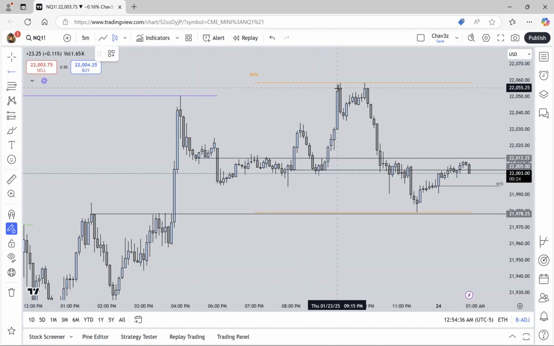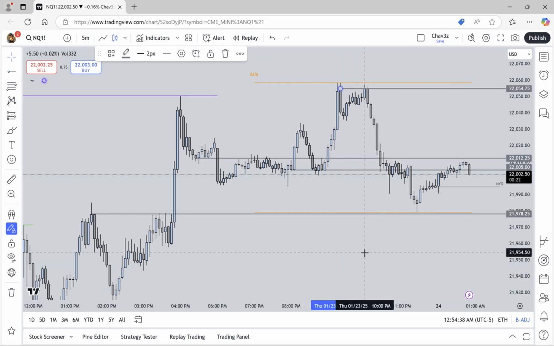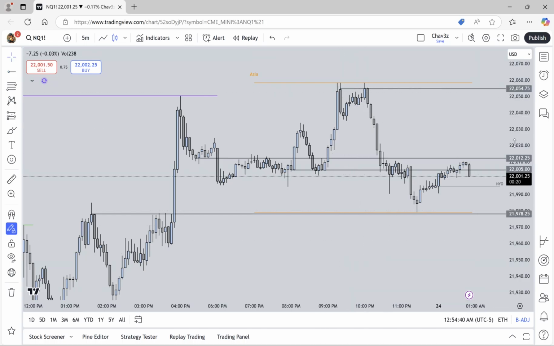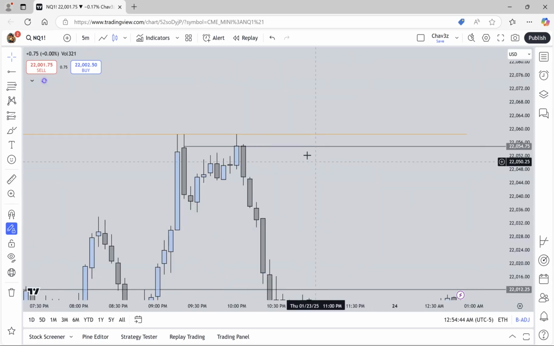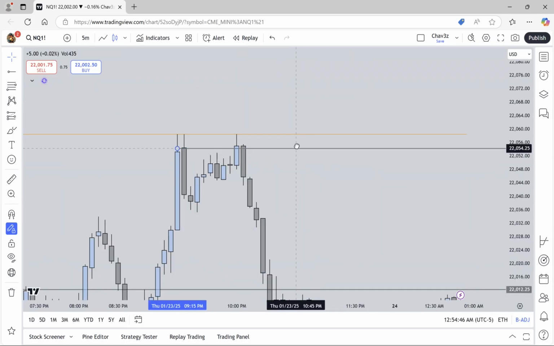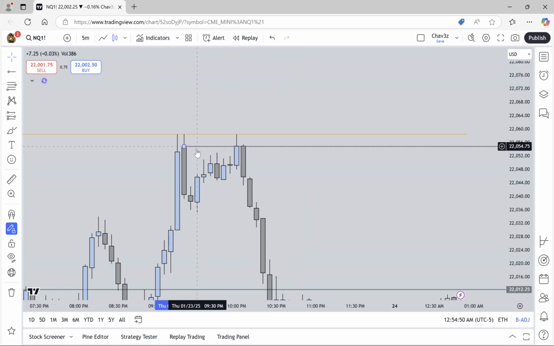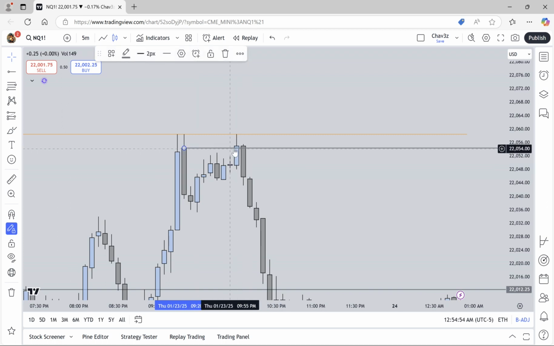The same thing goes for here. You have your high up close here, the body. Here, we'll put it a little closer so you can see. You have the high of the body right here. Still not there. This one closed slightly above it, but it's having a hard time closing above the body.